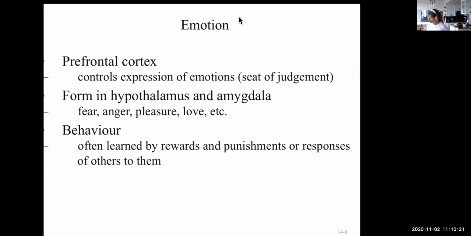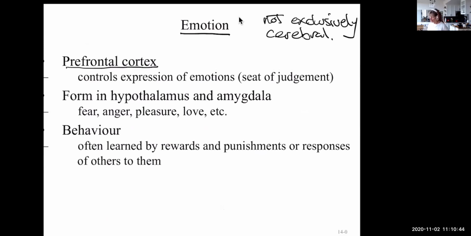How are emotions controlled? Well, emotions are not exclusively cerebral. The endocrine system has a lot to do with emotions and emotional control. But the part of the brain that is involved in emotional control is the prefrontal cortex.